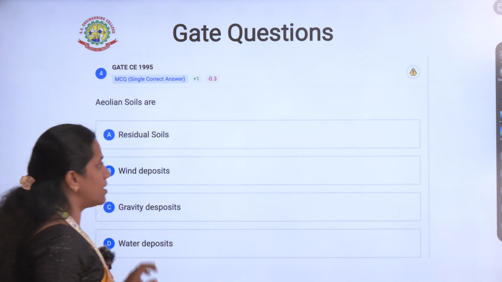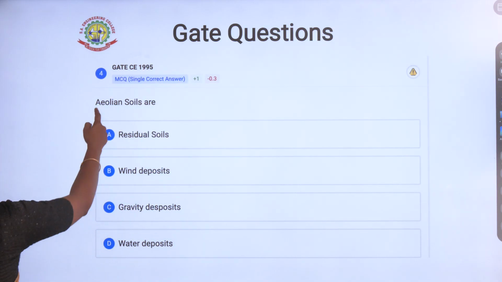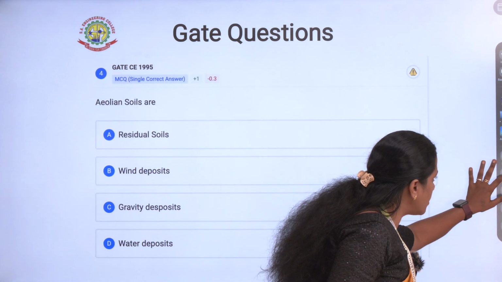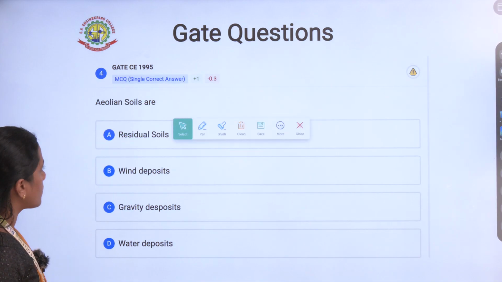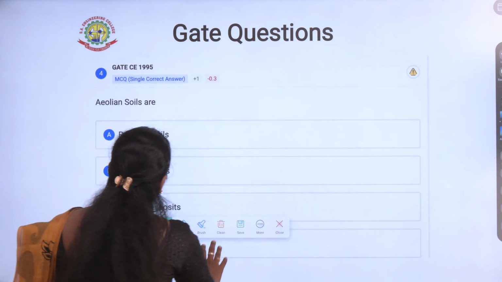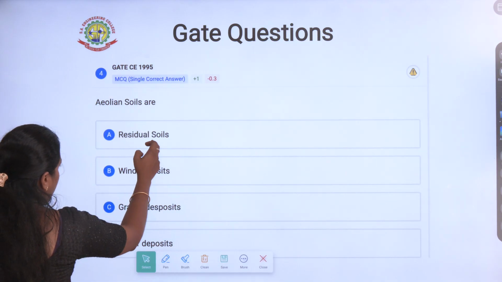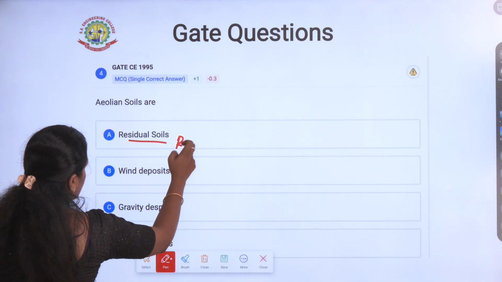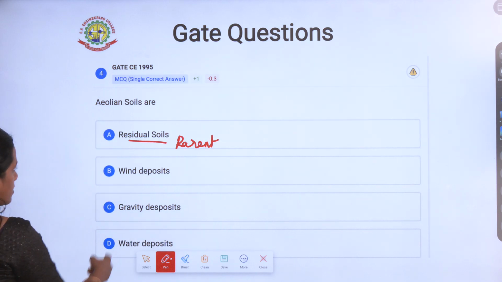Next, we will be speaking about the soil which is aeolian soil. Aeolian soils are mainly due to wind deposits, and this wind deposit soil is called aeolian soil. If the soil resides at its parent rock itself, then it is called residual soil.